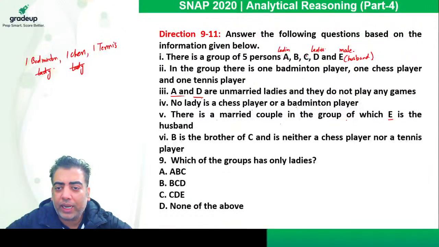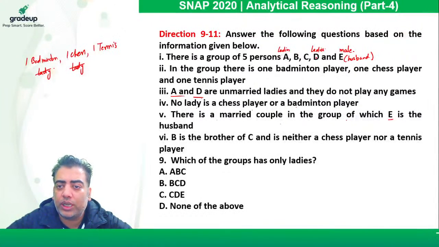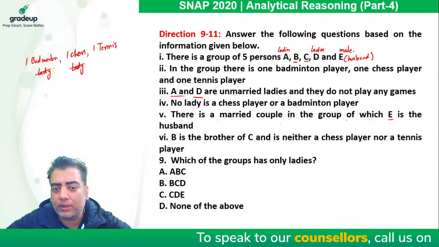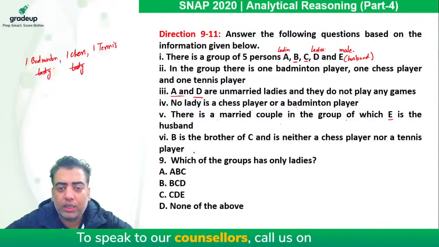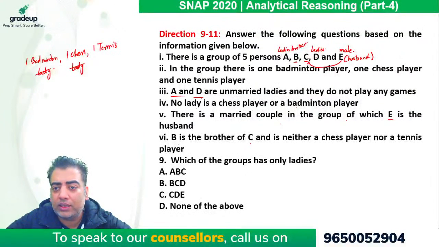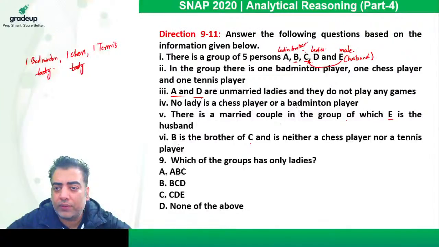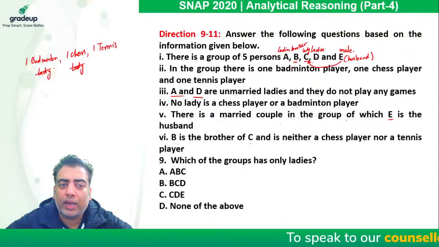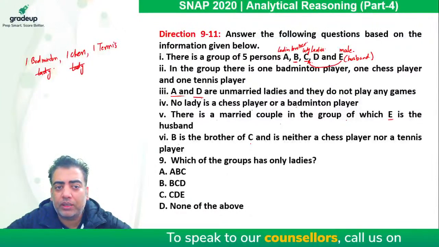So if A and D are unmarried ladies, then definitely the wife of E will be either B or C. All right. Then he says B is the brother of C. So if B is the brother of C, then we can definitely say E and C are the couple and C definitely is a lady. And no lady plays badminton or chess.